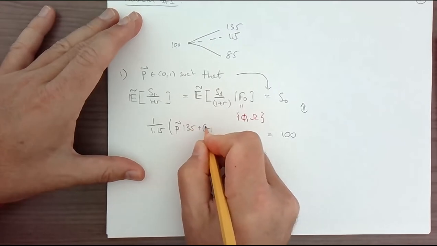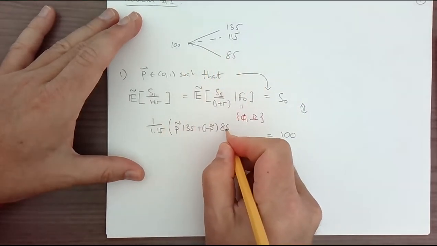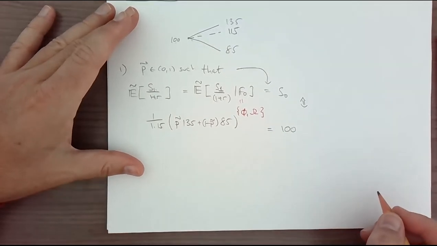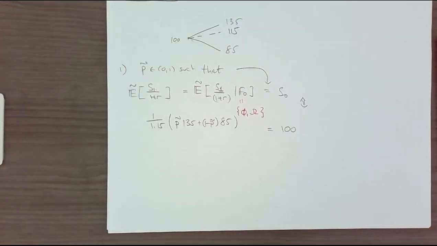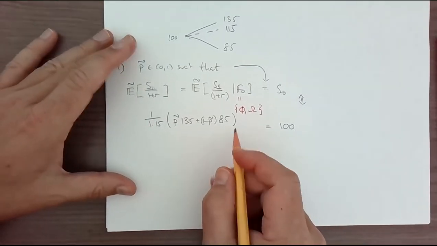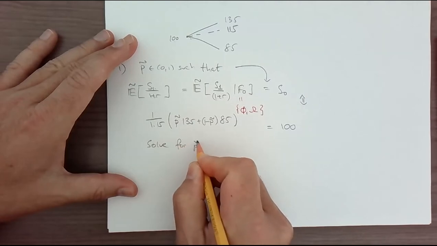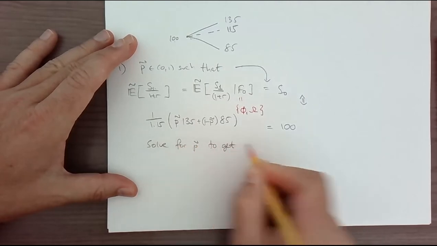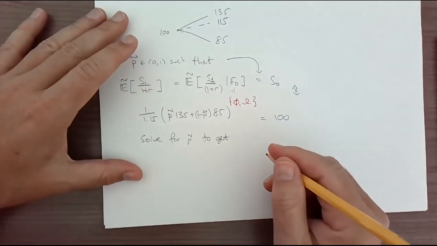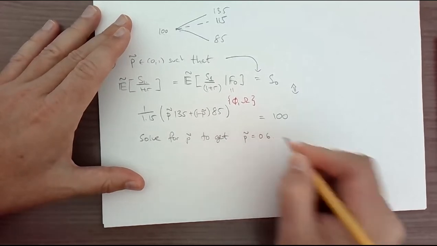And then it's 1 minus P tilde times 85. That's the equation that will give you P tilde. So you solve for P tilde, and you will get, if I've done it correctly, something like 0.6.